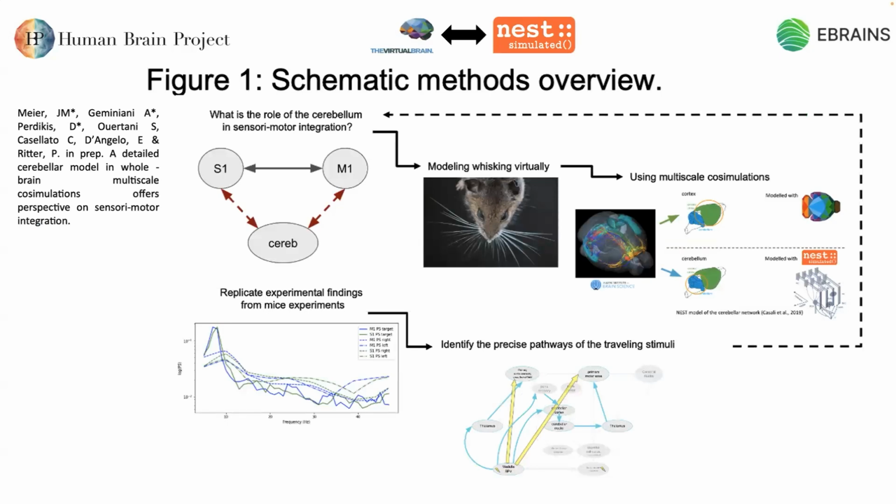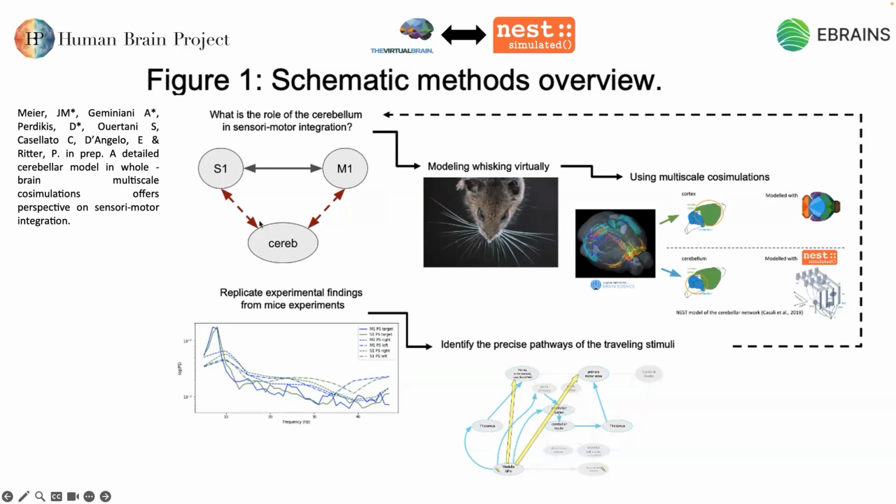One study that we're in the process of finalizing is one where we study the effect of the cerebellum in modulating the coherence between the motor and sensory regions of mice during a freely whisking condition. What was shown is that if you deactivate the cerebellum, the coherence between motor and sensory regions drops.